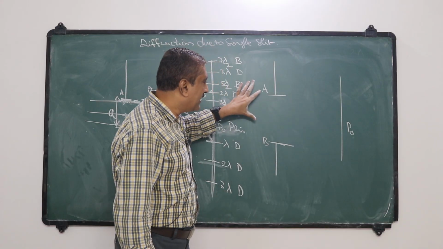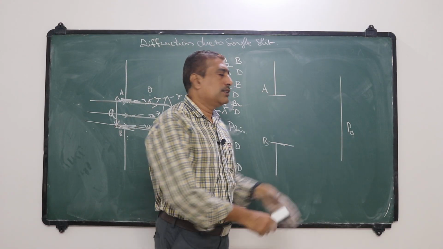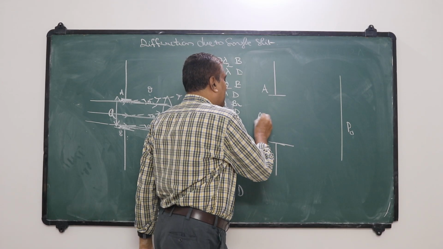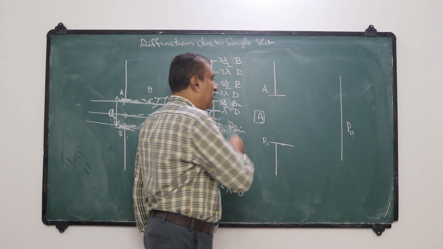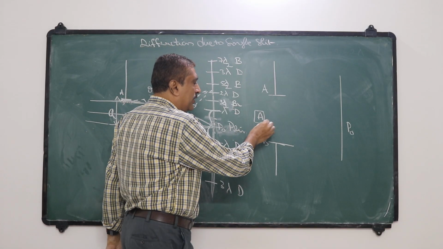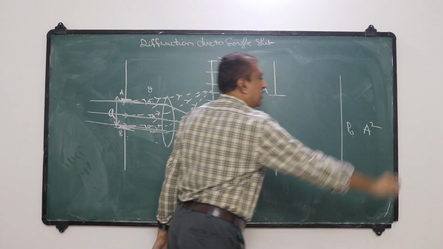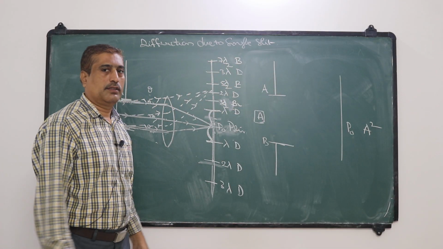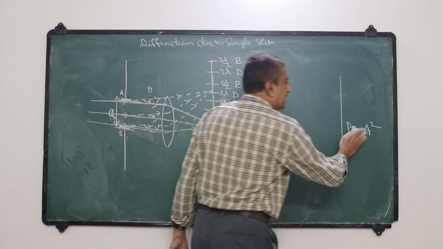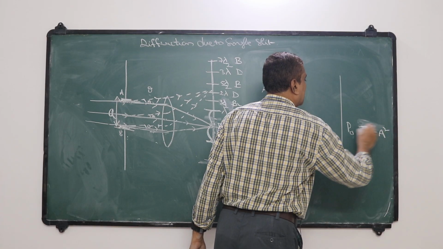That means light rays from the entire width of the slit reach this point P0. Suppose capital A is the amplitude of light waves from these points, all the light waves of amplitude A reach this point, so the intensity becomes A square. Now the intensity of this central maximum we can take as A square.